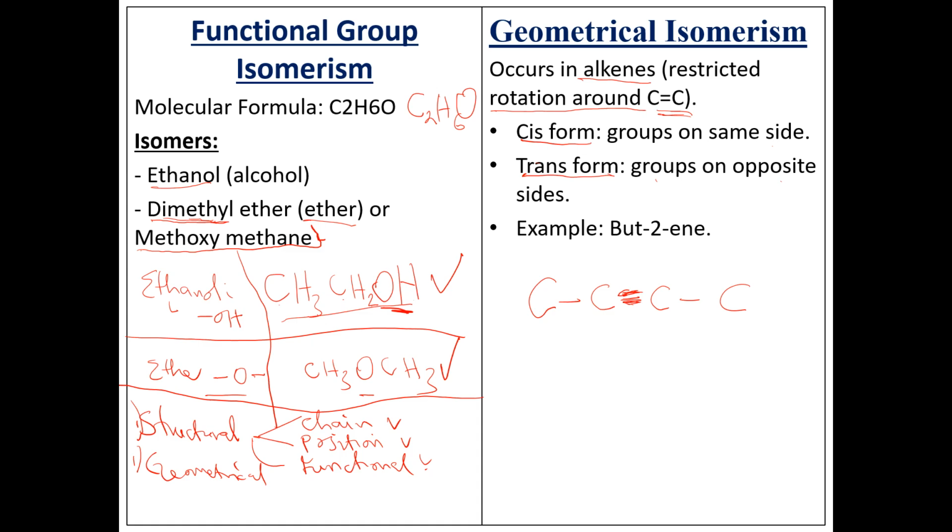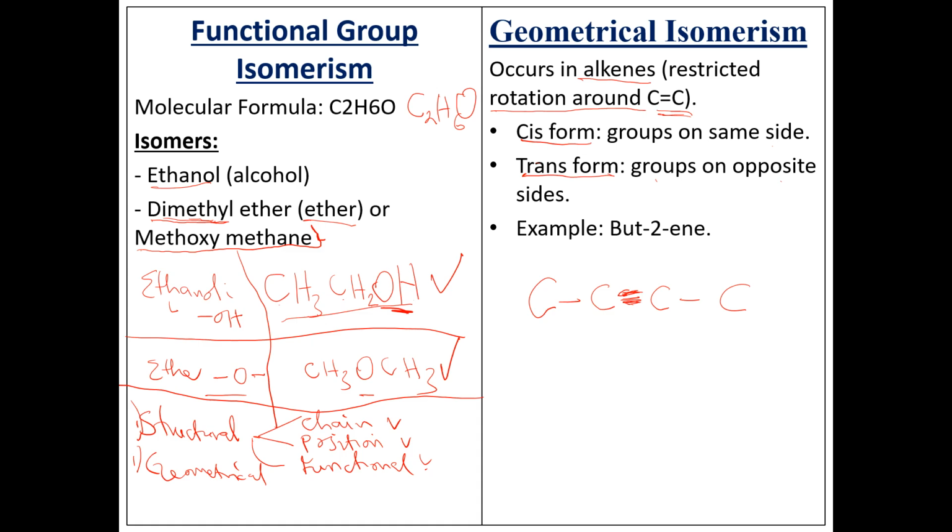And now the question is, how does but-2-ene exhibit the trans and cis forms? I want someone to try it out, and then you prove yourself whether you are able to get the difference between the cis and trans forms of but-2-ene.